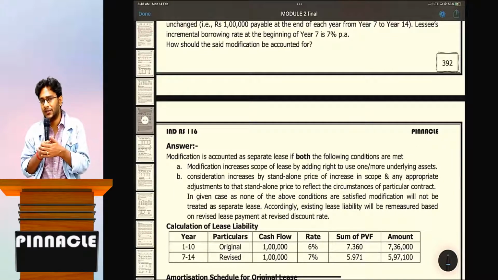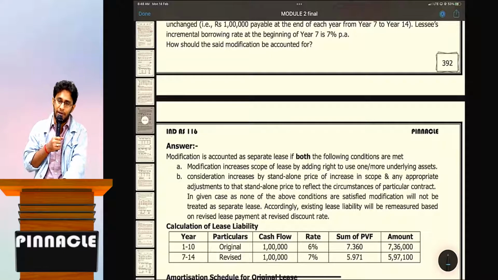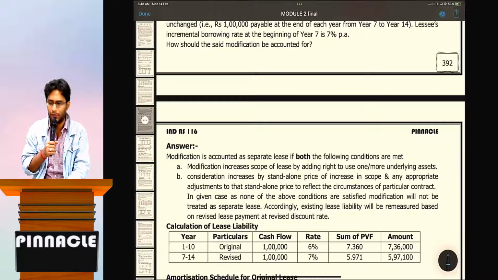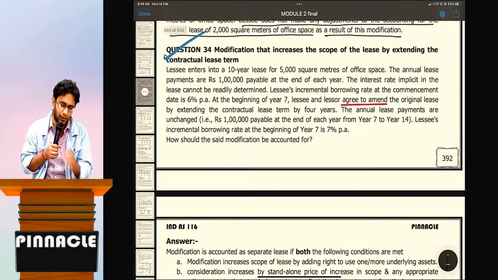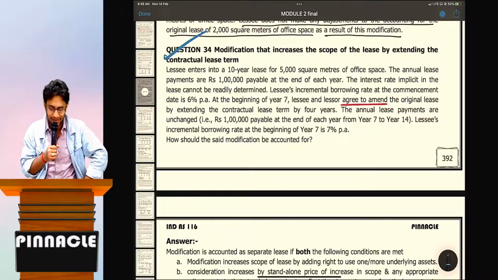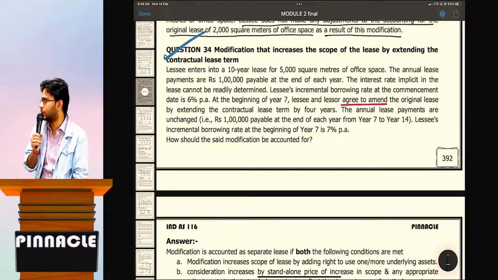Sir, you taking the lease for extra period in a way speaks that there is an increase in the scope. But whether increase in the scope is happening at market rent or not, we do not know. No information is given. Earlier sum had information; in this sum nothing is given. Moreover, whatever existing lease rent of 1 lakh you are normally paying, the same lease rent will be continued for the additionally extended period also.